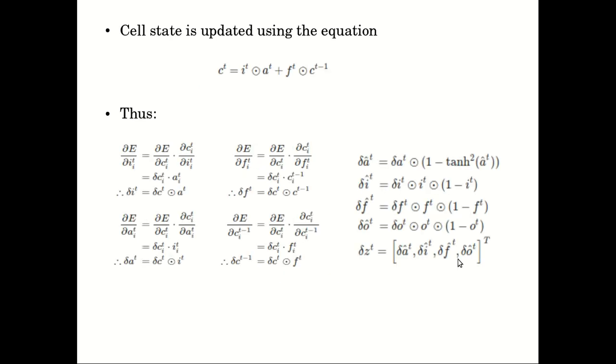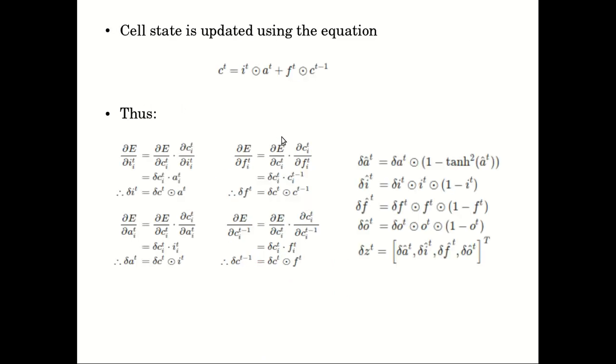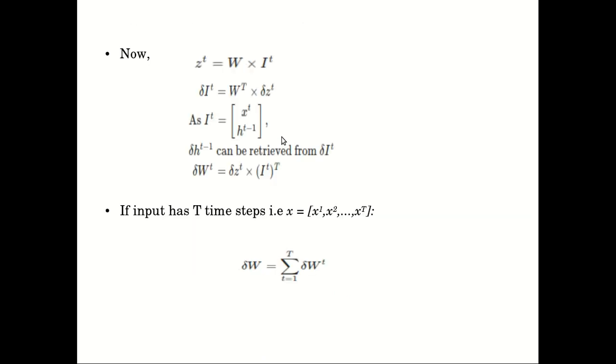Why we are computing all these gradients is because the quantities we have to update are the weights and the biases, but the gradients for weights or biases cannot be directly computed because they appear inside these activation functions. So we have to compute the gradients of these components first before proceeding to compute the gradients of these weights and biases.